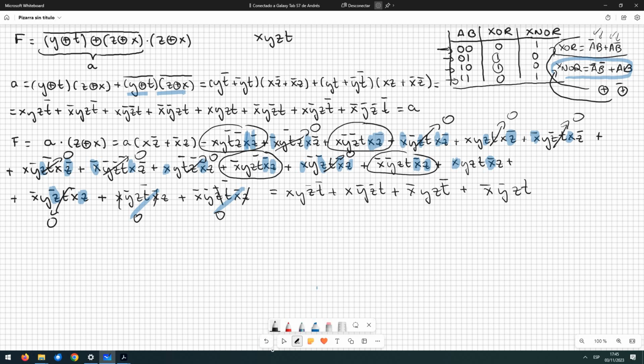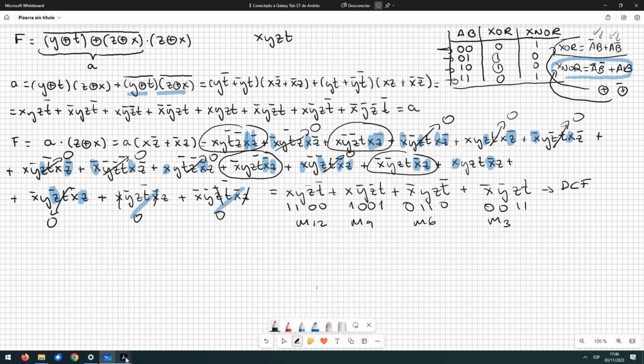These 4 minterms that are the 12, the 9, the 6, and the 3. And this is the disjunctive canonical form of the function, because we have the minterms.